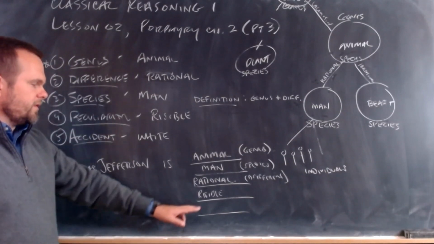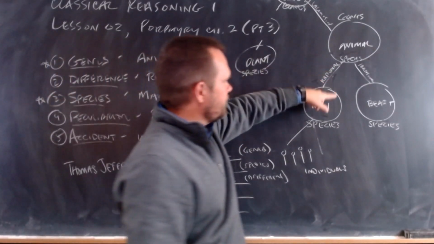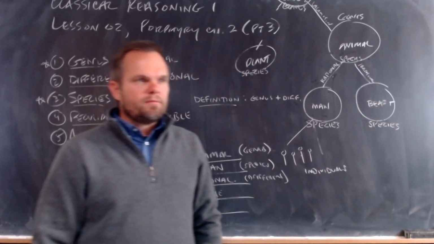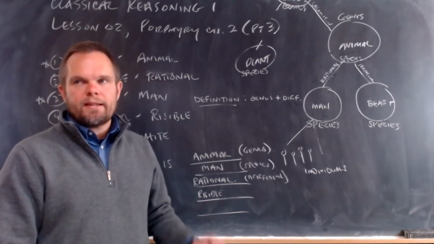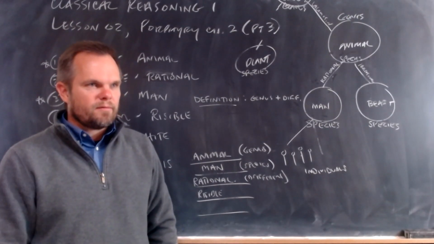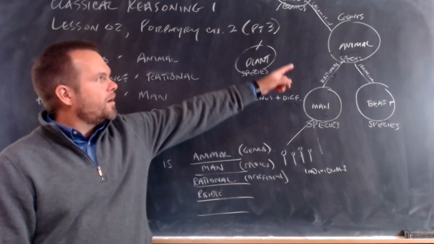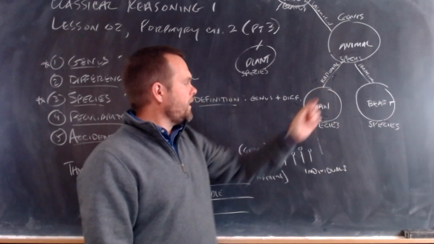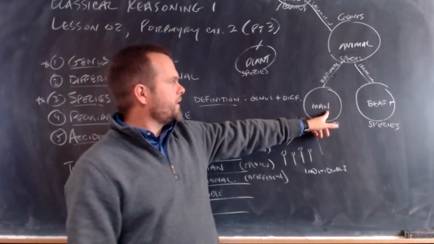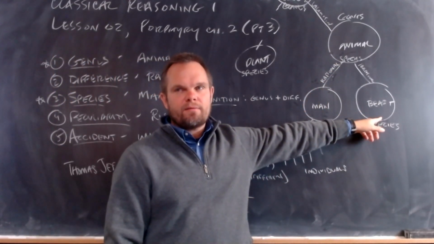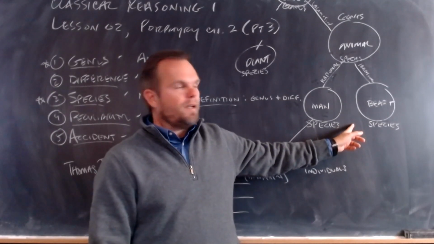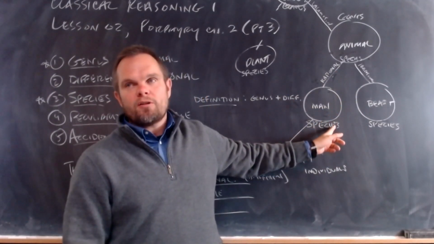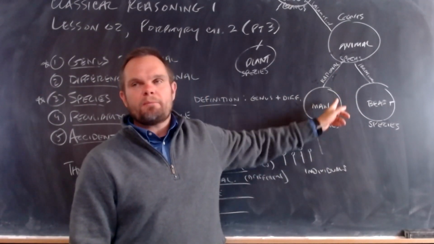Now, here's what's interesting. If we were to look at all of these animals, and we were to take this quality, the ability to laugh, okay? That quality, ability to laugh, would that produce these species? Yes, it would, because only man can laugh. Only man is rational, but it's also true that only man can laugh.